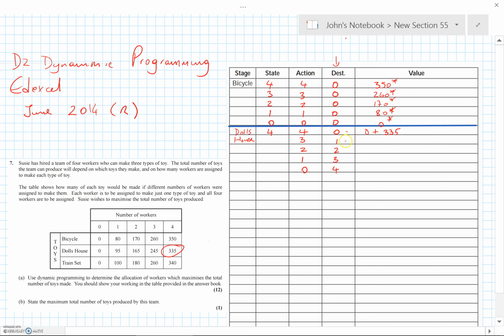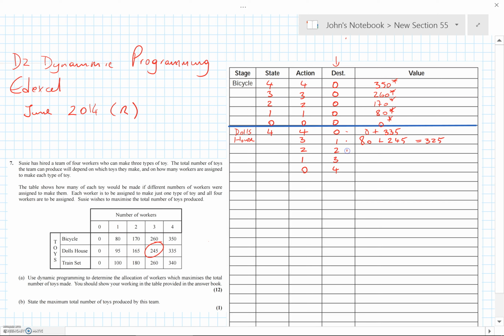Now for this one here, we are pulling down the state of 1, which is the destination here from before, and that's 80. So it's 80, and we are adding the 3 from that one, and that equals 325.